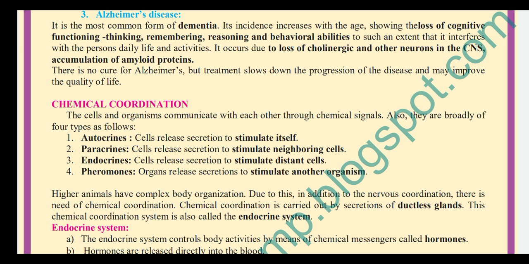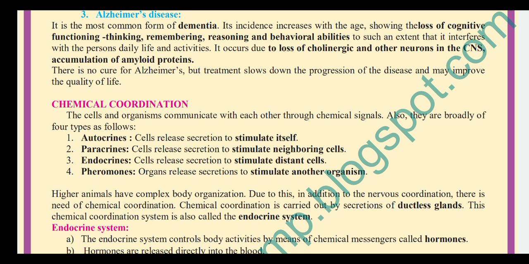When Alzheimer's disease reaches its peak, the person even forgets how to eat. That is one of the behavioral abilities, and the person becomes like a small child, to such an extent that it interferes with the person's daily life and activities. Even he forgets his own home address.